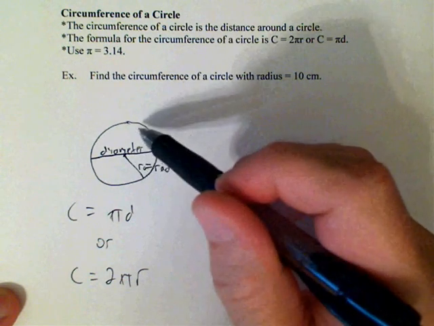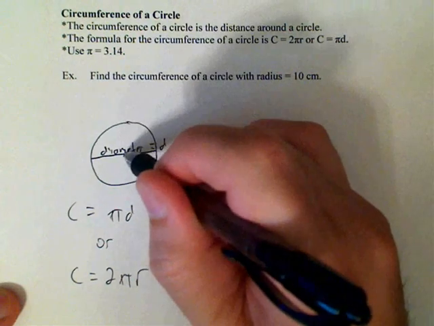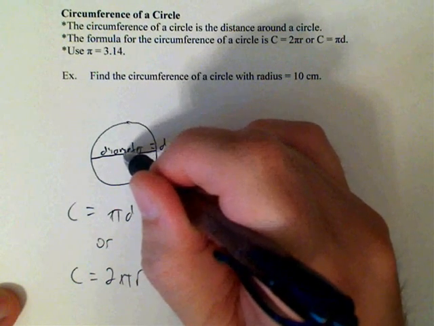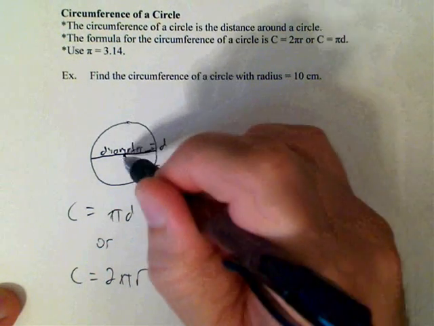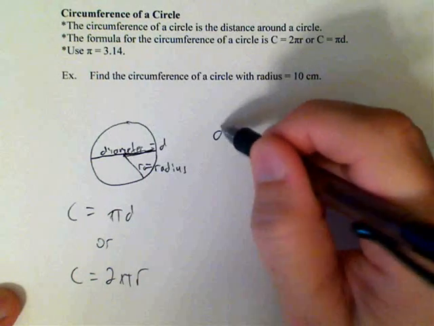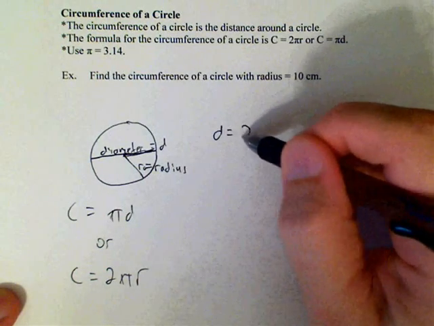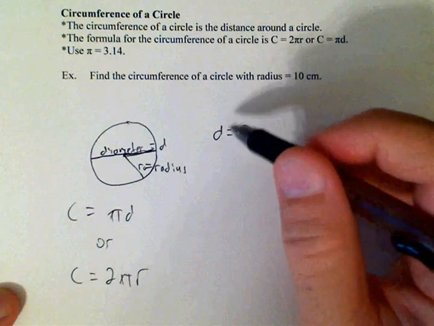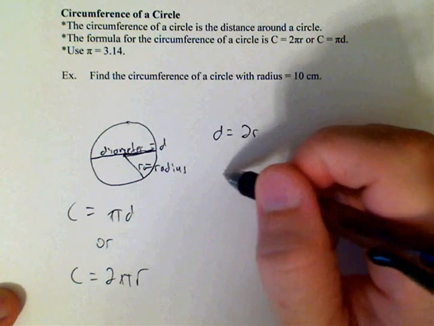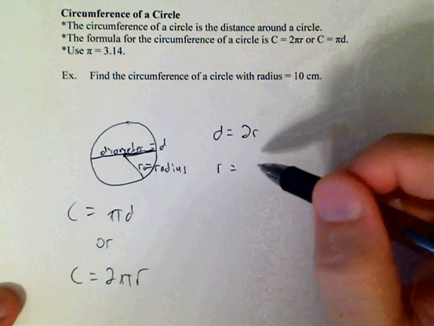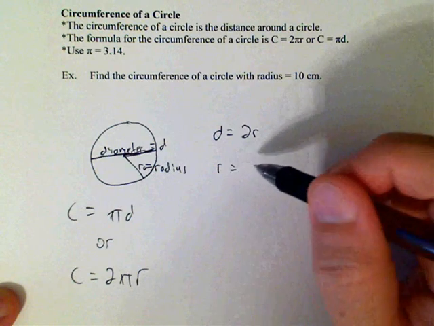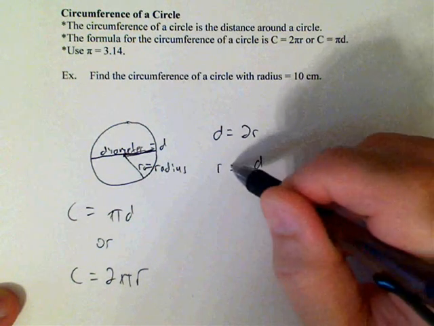So what that means is that half of the diameter is the radius. So one way to relate those two: radius equals 1/2 diameter. But the way you're typically going to use it is, if you're given the diameter and you want to find the radius, you're going to take half of the diameter, or divide it by 2.